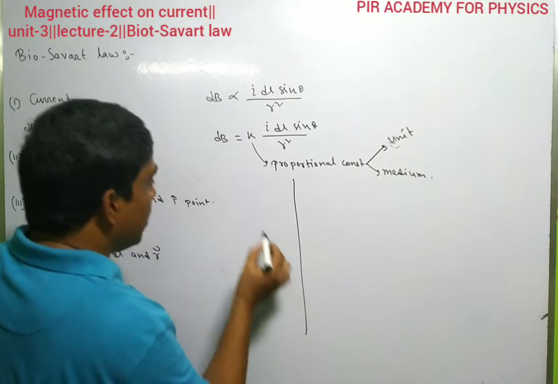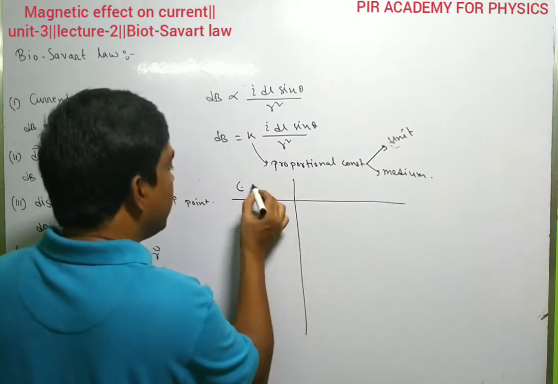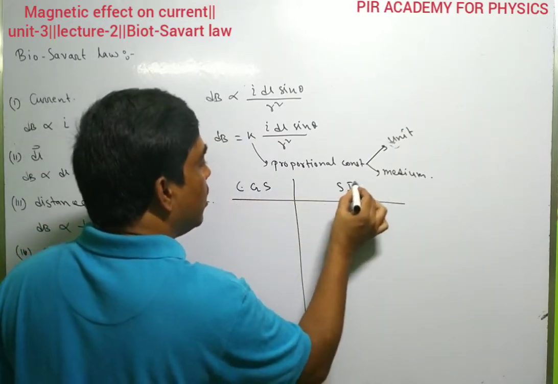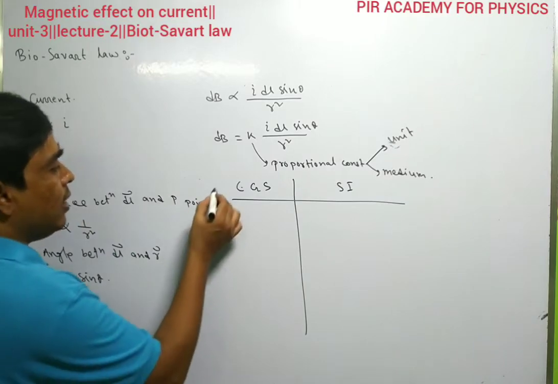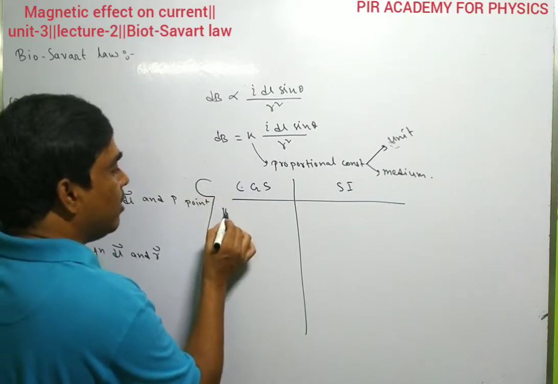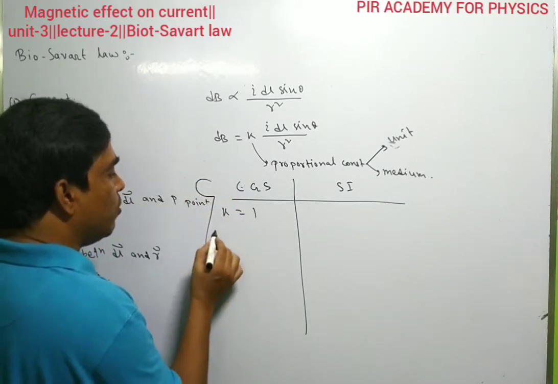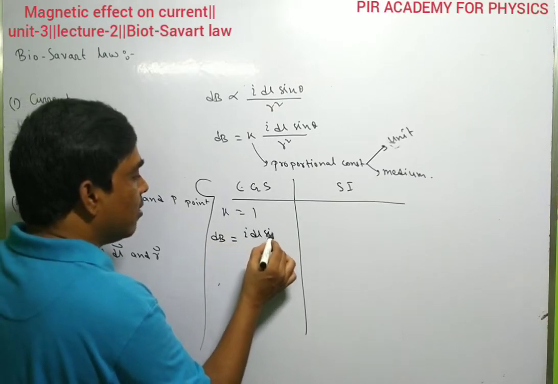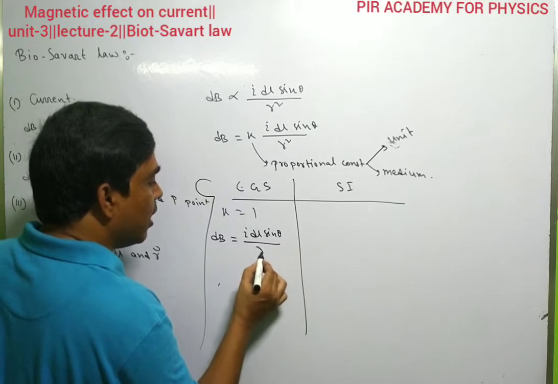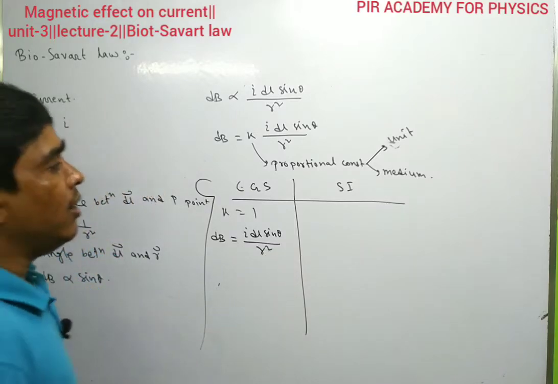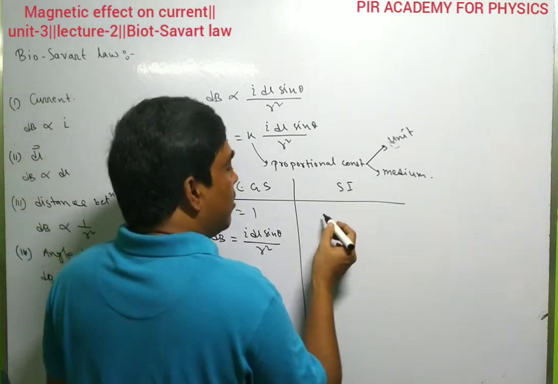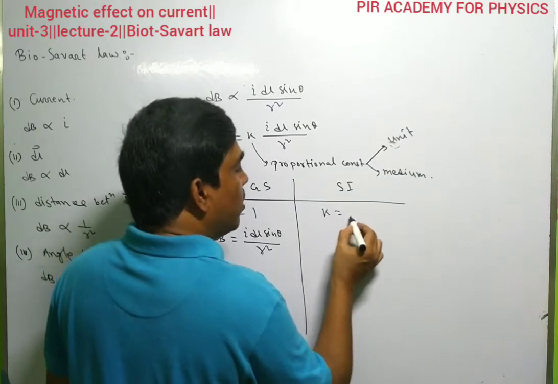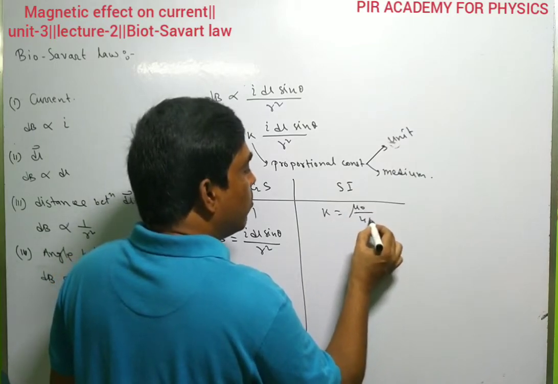If I take the CGS unit and the SI unit system, in CGS unit k is 1, so dV will be I dl sine theta divided by r square. And if I take SI unit, then k will be mu 0 divided by 4 pi.